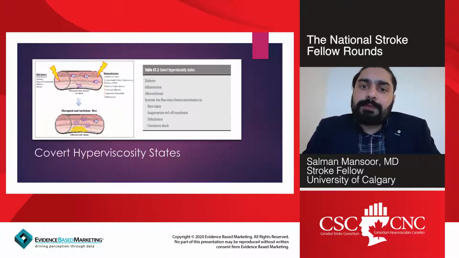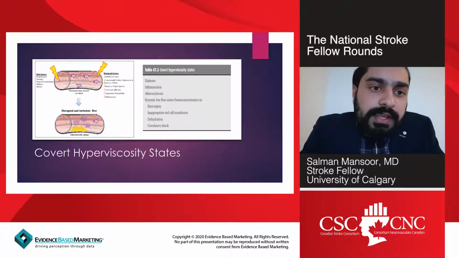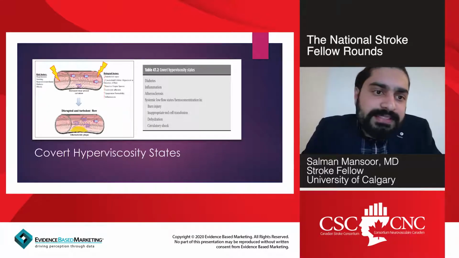Other covert hyperviscosity states include diabetes, inflammation, atherosclerosis, and systemic low flow hemoconcentration states like burn injury, inappropriate red cell transfusion, dehydration, or circulatory shock. It's fascinating how these can be so interconnected when we are looking at blood rheology and stroke at the physics level.